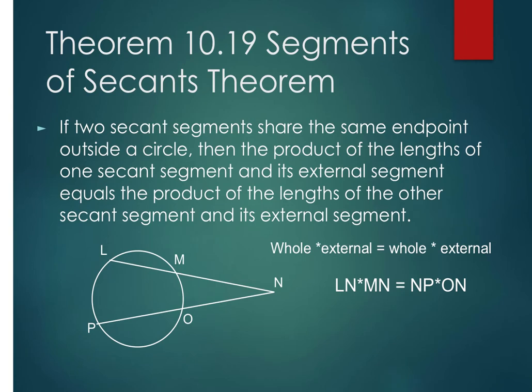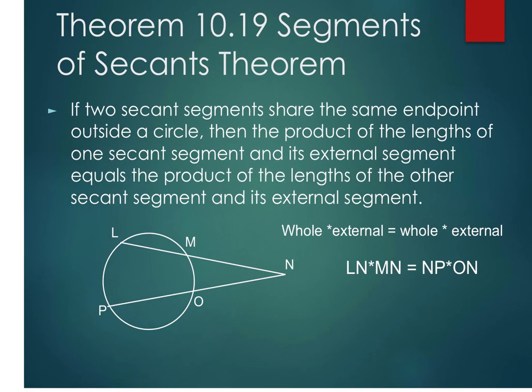If two secant segments share the same endpoint outside a circle, then the product of the lengths of one secant segment and its external segment equals the product of the lengths of the other secant segment and its external segment, okay? In other words, the whole times the external is the same as the whole times the external.